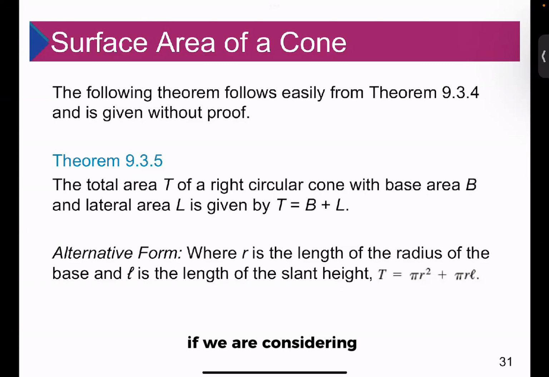If we are considering circular bases, where r is the length of the radius of the base and L is the length of the slant height, T is equal to the area of the base pi r squared plus the lateral area pi rL.